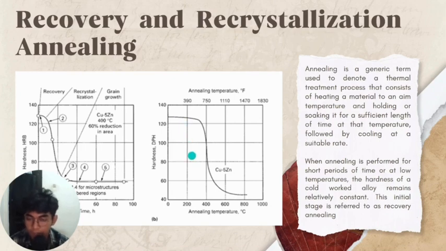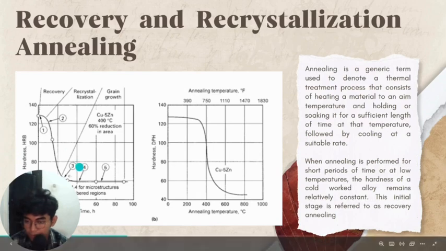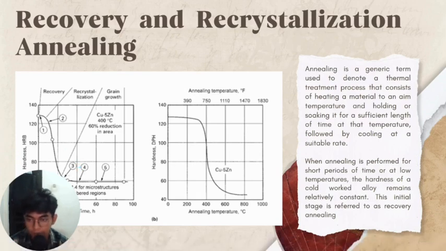So here is a picture of the stages of annealing. The picture shows the effect of annealing time at a fixed temperature on the hardness of Cu5Zn solid solution alloy cold worked at 60%.